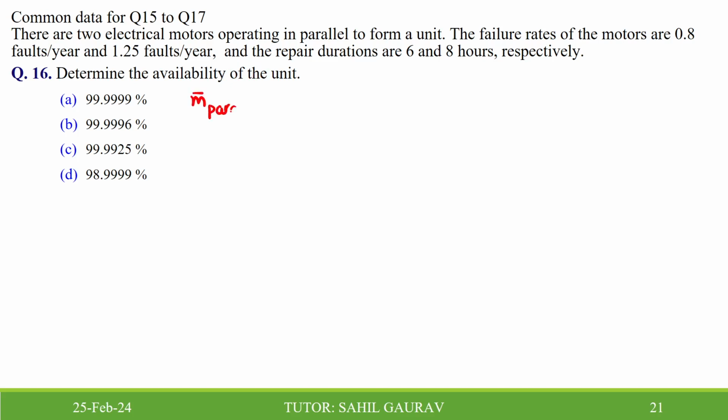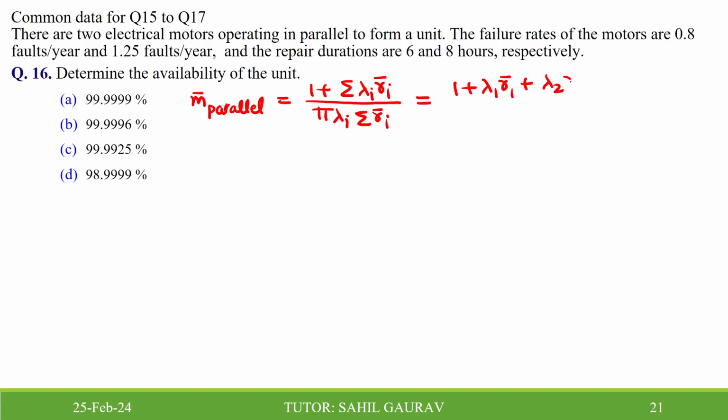So we know that M bar parallel is given as 1 plus summation lambda i ri, divided by multiplication of lambda into summation of ri. In other terms, it is 1 plus lambda 1 r1 bar plus lambda 2 r2 bar, divided by lambda 1 into lambda 2 into r1 bar plus r2 bar.